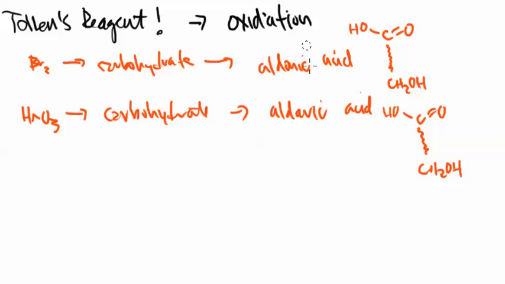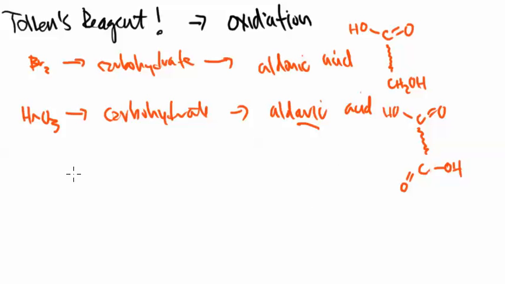And then nitric also targets the CH2OH group down at the bottom. And what it turns this into is not a CH2OH now, but another C double bond OOH group. So we get two carboxylic acid groups. There are two groups on the molecule, therefore this thing is called an aldaric acid.